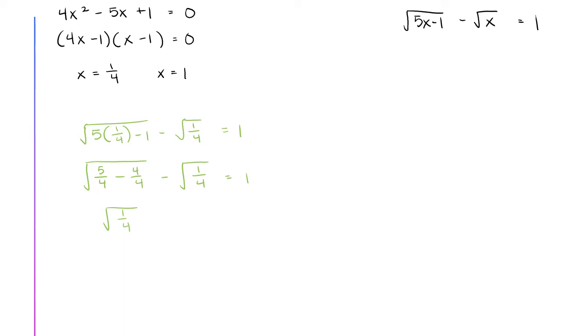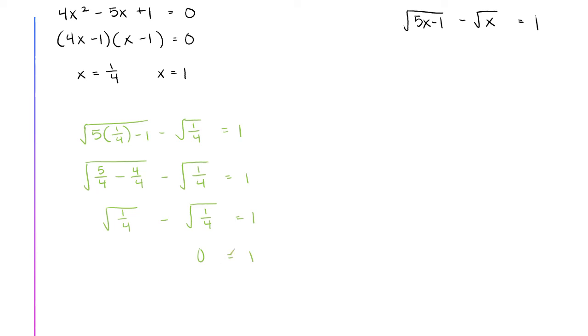So I'm saying the square root of 1/4 minus the square root of 1/4 is equal to 1. Well, the square root of 1/4 minus the square root of 1/4, that's 0. I don't even need to necessarily identify what the square root of 1/4 is, because I'm just subtracting it from itself. So I get an equation saying 0 is equal to 1.